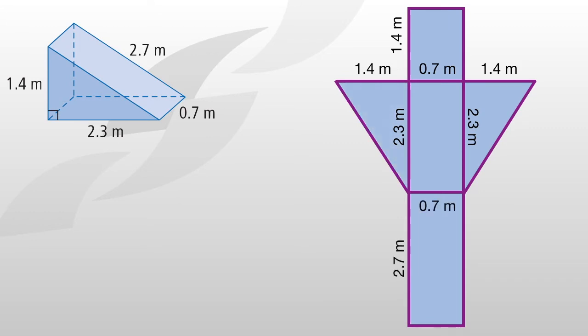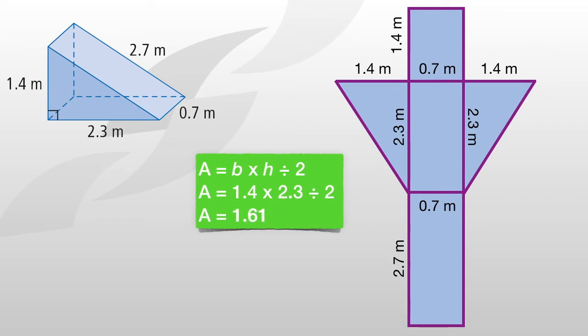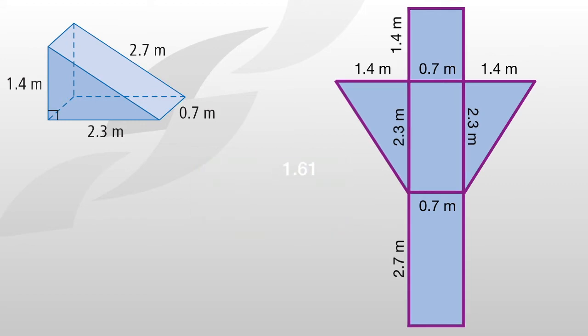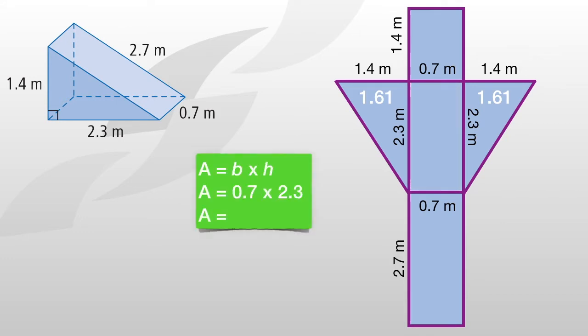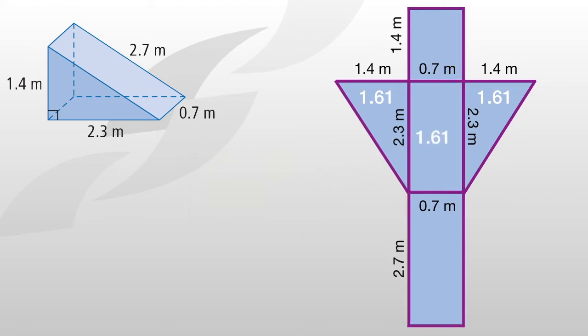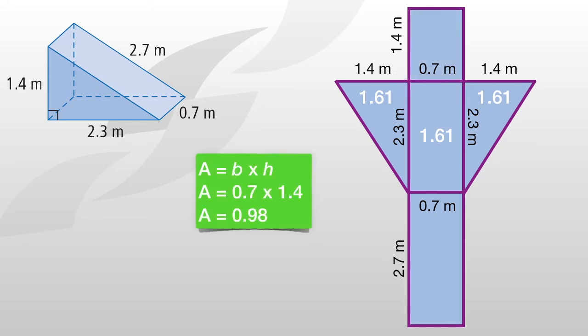The area of one of the triangles is 1.61. The other triangle is congruent, so its area is also 1.61. The area of the bottom rectangle of the prism is 1.61. The area of the back rectangle of the prism is 0.98.